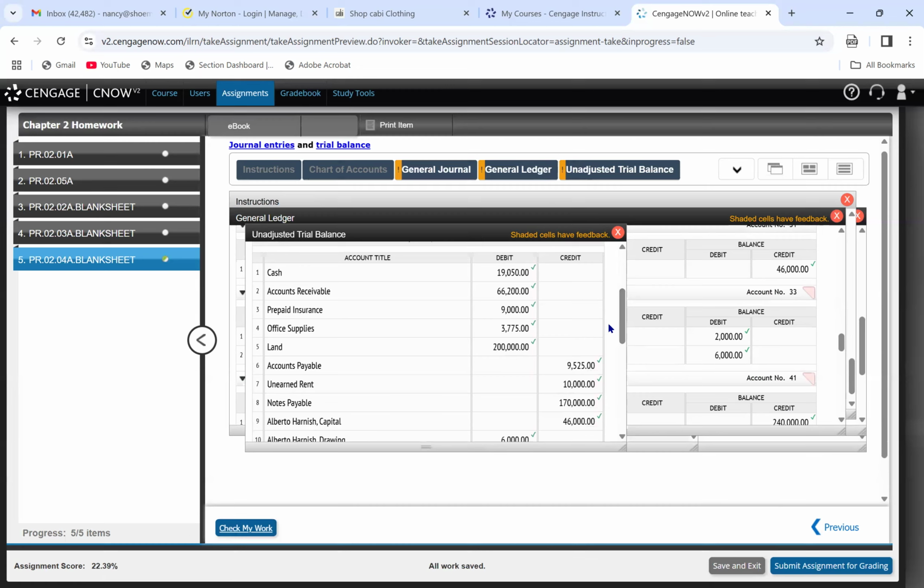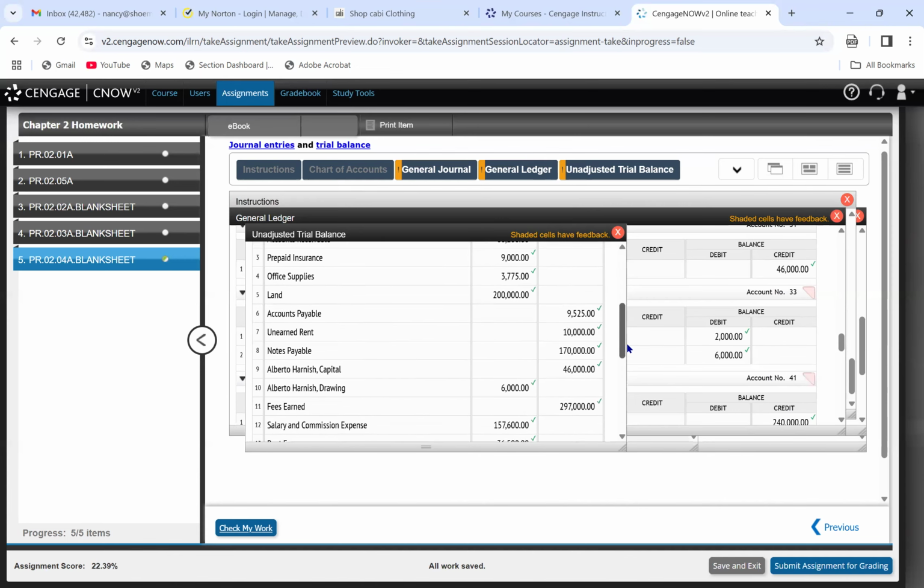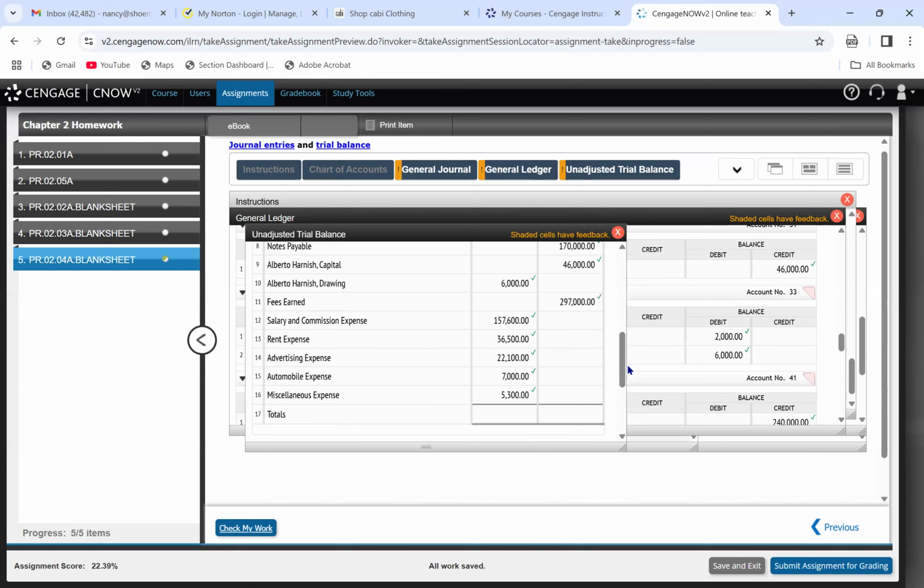So on this one, our debits should equal our credits. We've got 19,050 as a debit in cash, 66,2 for accounts receivable, 9,000 in prepaid insurance, 37.75 in office supplies, 200,000 in land, 6,000 in Alberto drawing, 157.6 for salaries and commission, 36.5 for rent, 22.1 for advertising, 7,000 for automobile, and 5,300 for miscellaneous, 532,525.